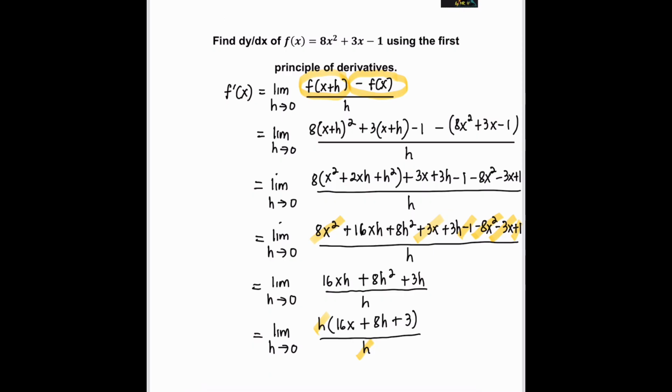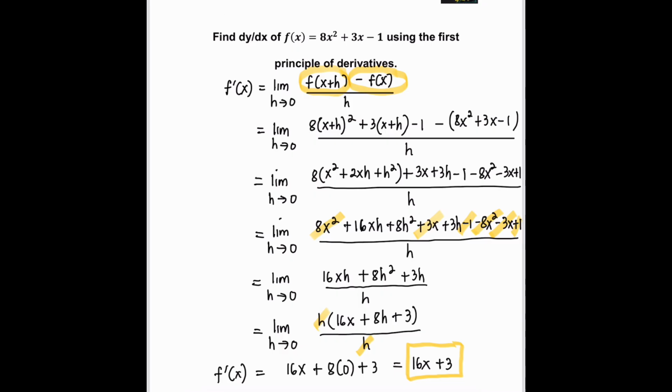Okay, so what we need to do is we just need to substitute 0 for h. So that's going to be 16x plus 8 times 0 plus 3. It will give us 16x plus 3. And that is the derivative. So 16x plus 3. And you can actually verify that by applying the power rule.